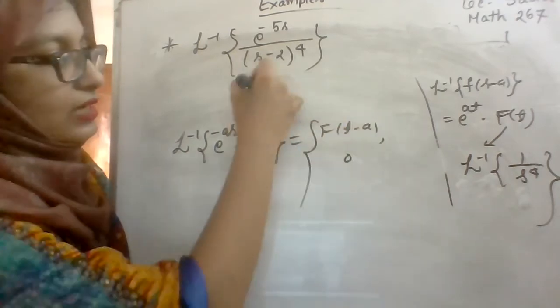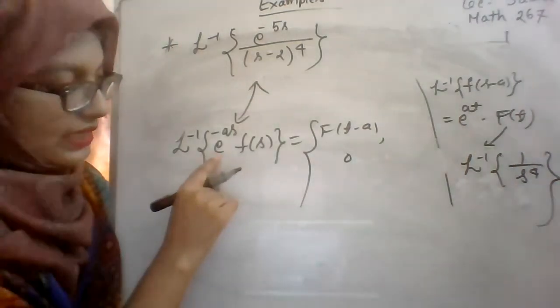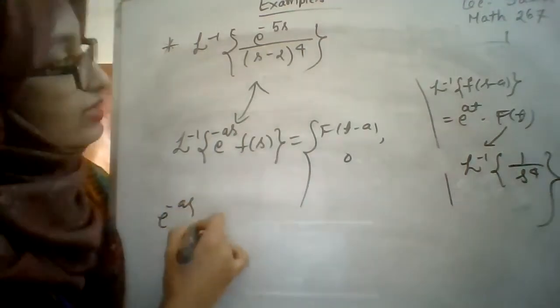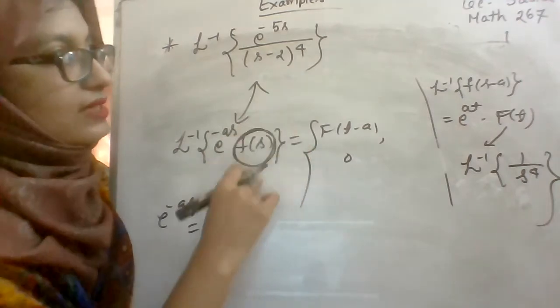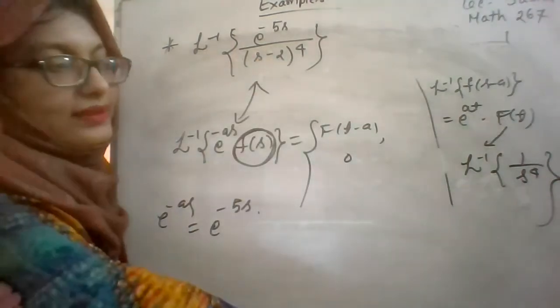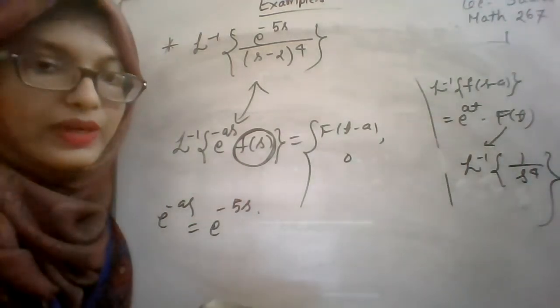You have to make a comparison with this term. And here e to the power minus as is compared with e to the power minus 5s, and your f of s is considered as 1 by s minus 2 to the power 4. This is for the second shifting or second translation property.